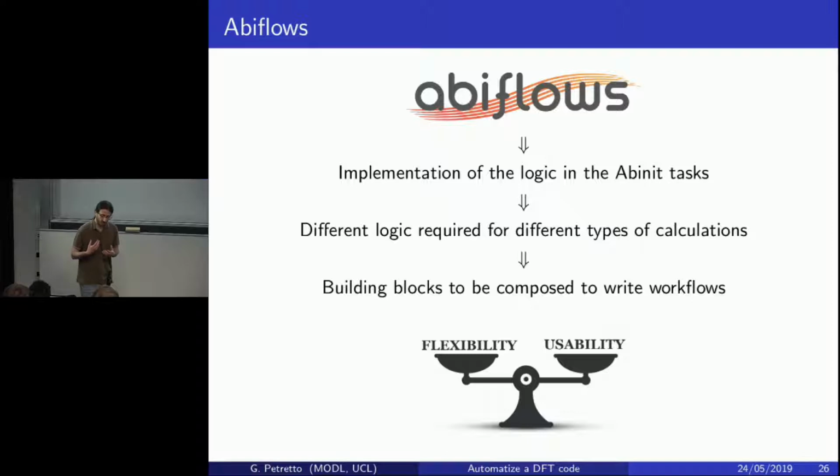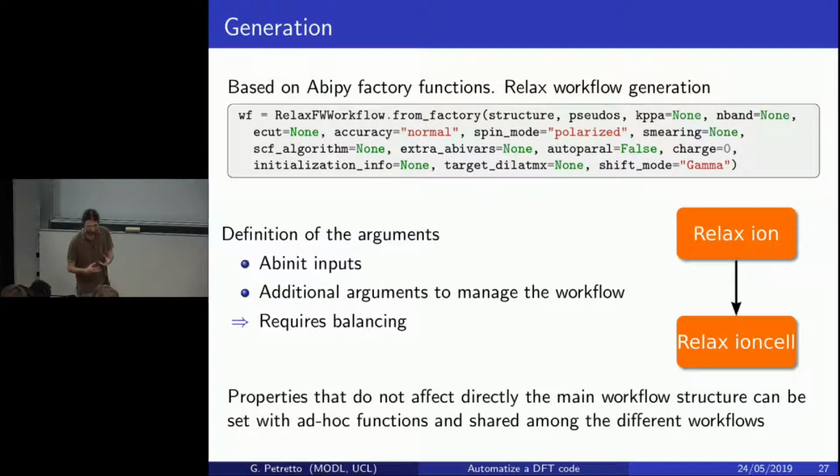And always on this topic about the flexibility versus the usability of the code, one of the challenges, let's say, is how to generate the workflow for something that has to be automated, and you do not want to invest a lot of time generating its input.